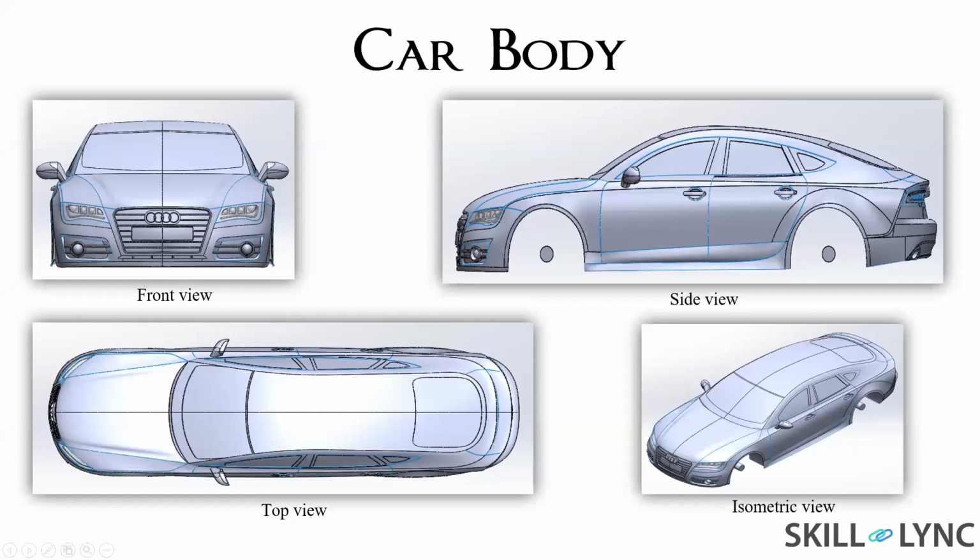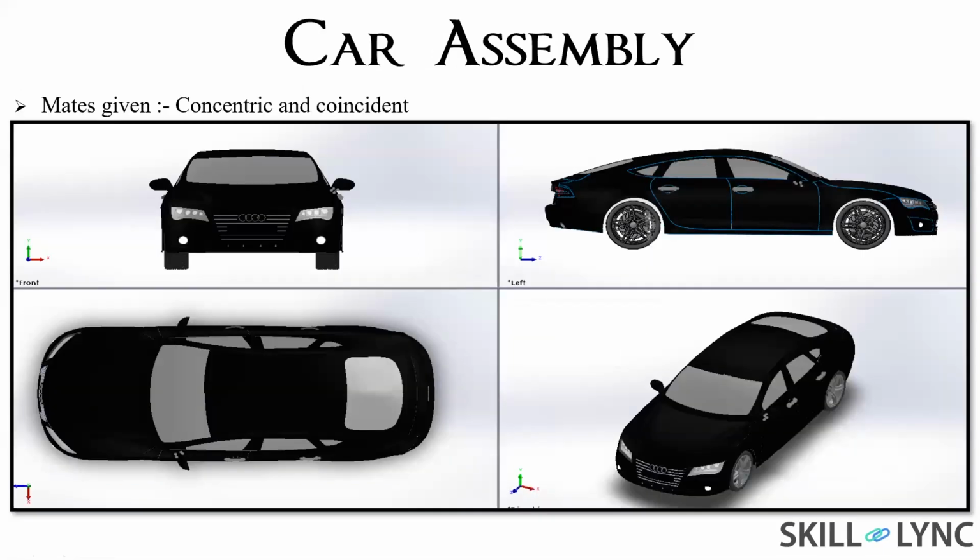So after the car body was created, I went for the assembly, and mostly only the concentric and coincident were the commands that I used to give in the mates, since they had to be dynamic in motion, so they are not fixed.